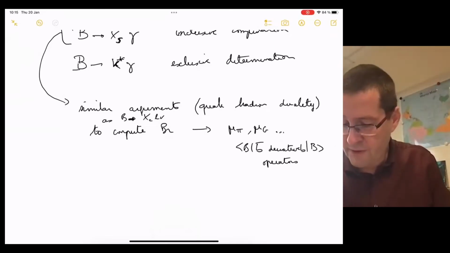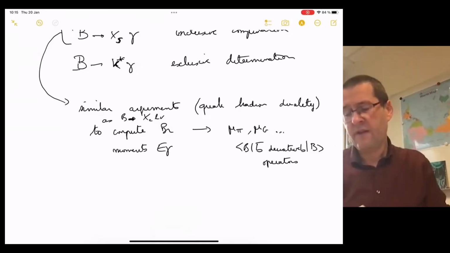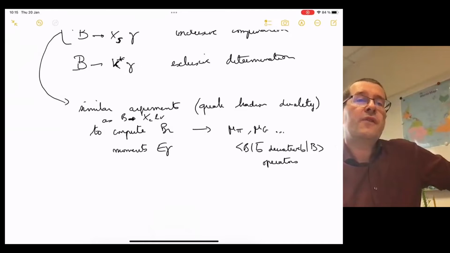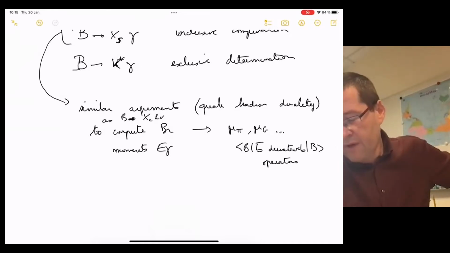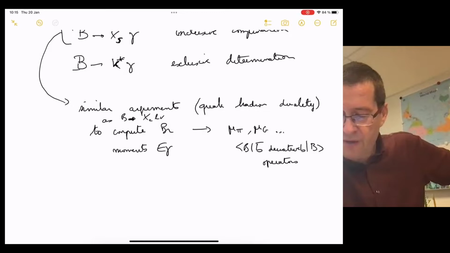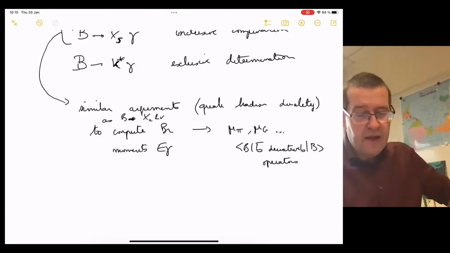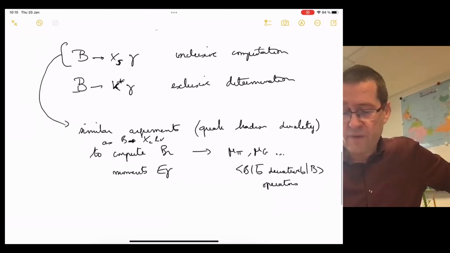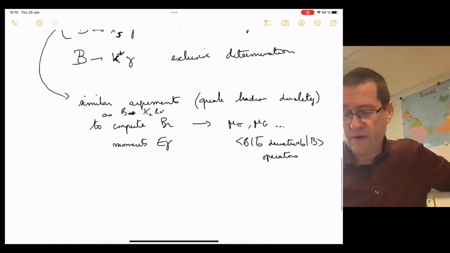And you can also compute moments of the photon energy exactly like before. By measuring those moments and the branching ratio together with B to XC L nu, you get at the same time the elements concerning the hadronic part, but also information on the decay matrix. And actually the computation has now reached quite a high level of accuracy.